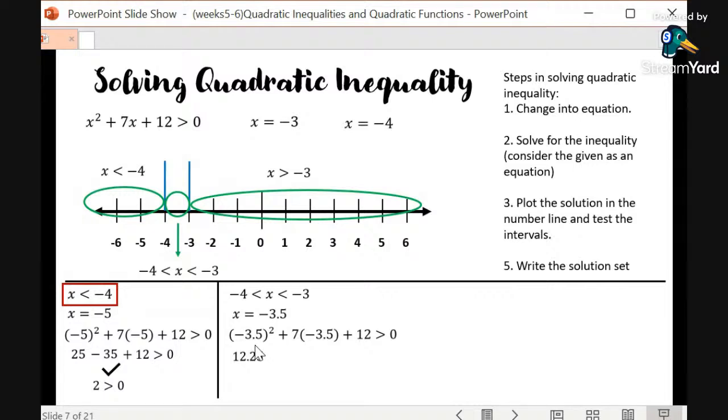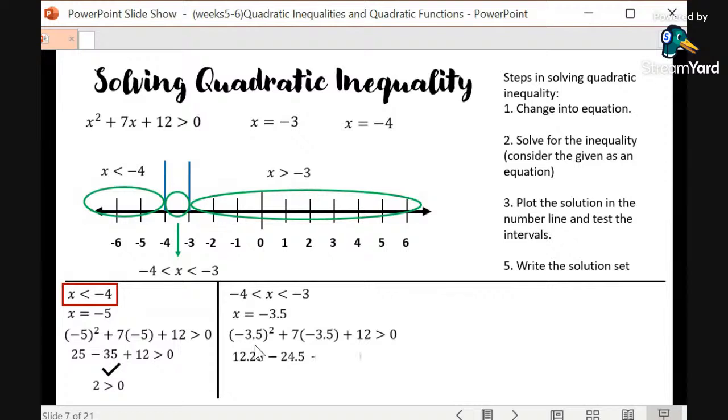Next. So what is 7 times -3.5? Again, what is 7 times -3.5? So 7 times -3.5 is -24.5. So negative po ha. Kasi nga positive 7 times -3.5, the answer is negative.